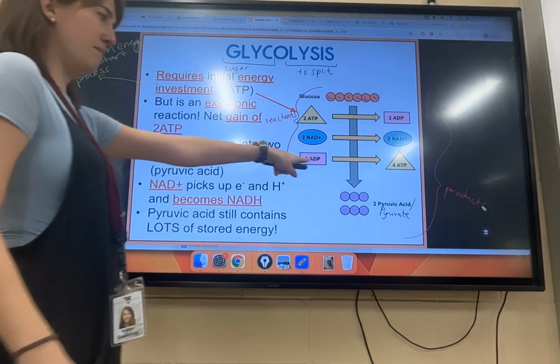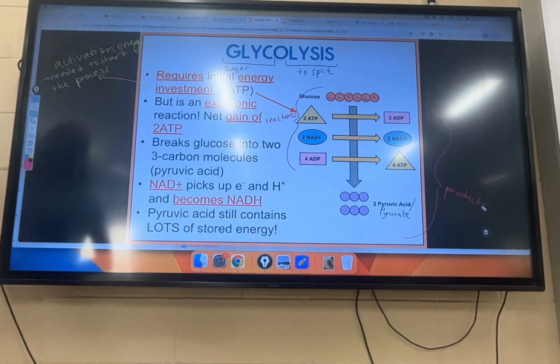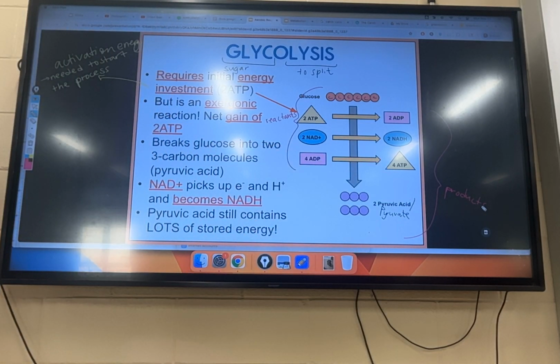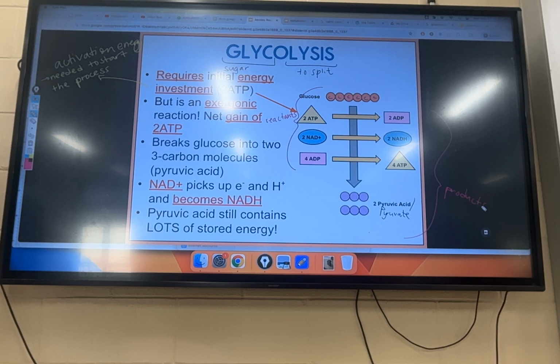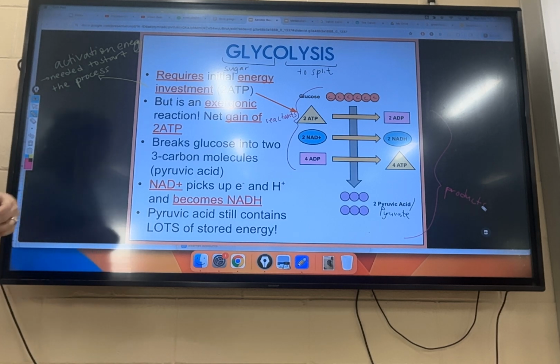And we need some ADP if we're going to make ATP. So we break our glucose into 2 3-carbon molecules called pyruvic acid. In that process, we release some energy that gets packaged into ATP, and we also release some really energetic electrons that get picked up by our electron carrier of NAD+.